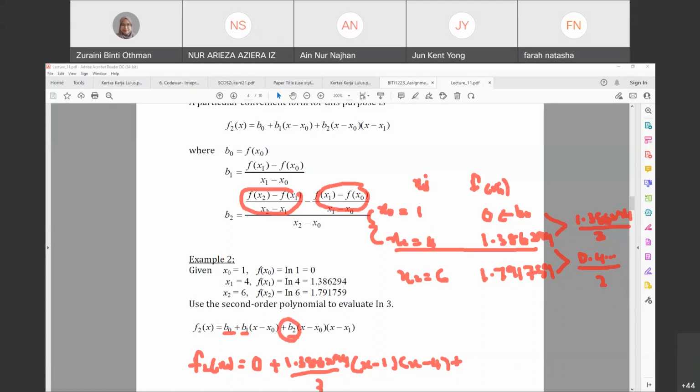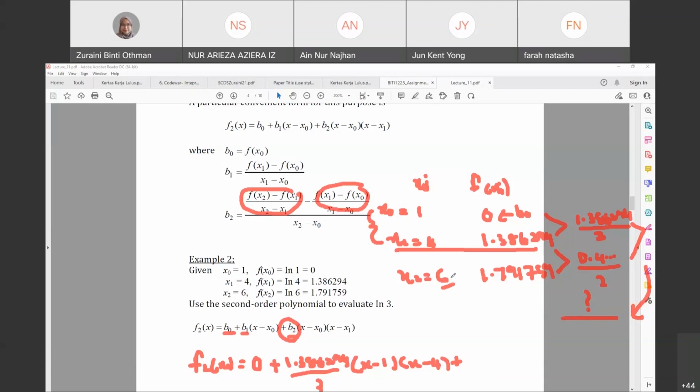Okay, so B2. B2 ialah nilai ni. Nilai ni nanti kamu dah bahagi, yang ni juga kamu dah bahagi, kamu akan dapat B2 tu ialah 0.4 something bahagi 2 tolak dengan 1.386294 bahagi 3. Then it will minus by x2 tolak x0.